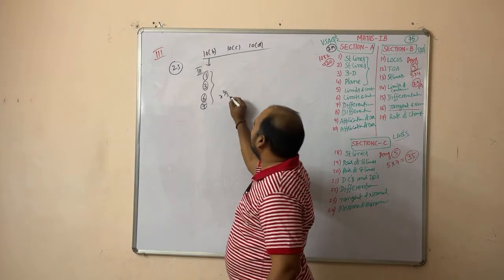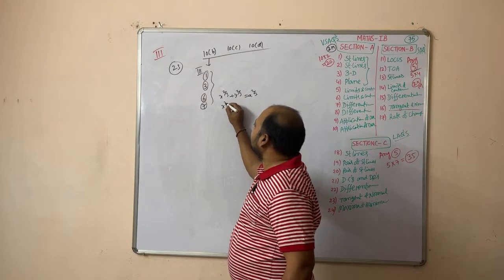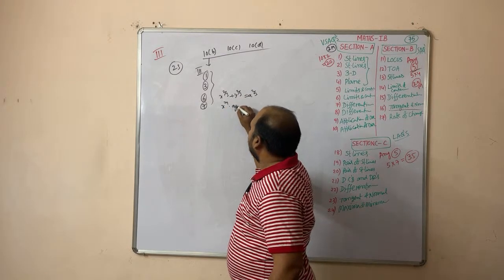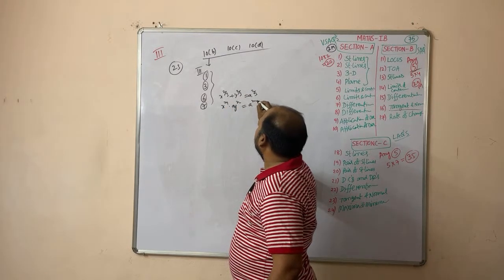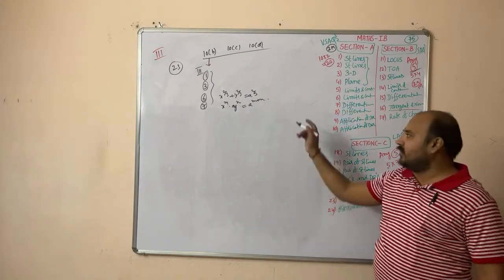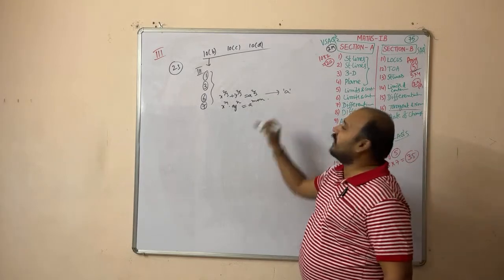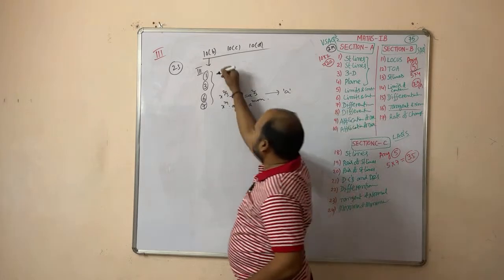The 6th question is x power 2 by 3 plus y power 2 by 3 is equal to a power 2 by 3, dear students. The 7th one is x power m into y power n is equal to a power m plus n. Then length of tangent is equal to constant. It divides in a constant ratio. Here length of tangent is constant a. Here different questions are there.